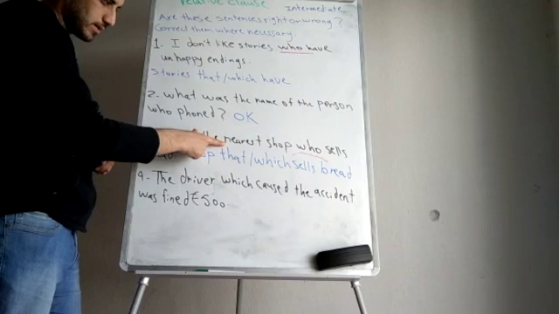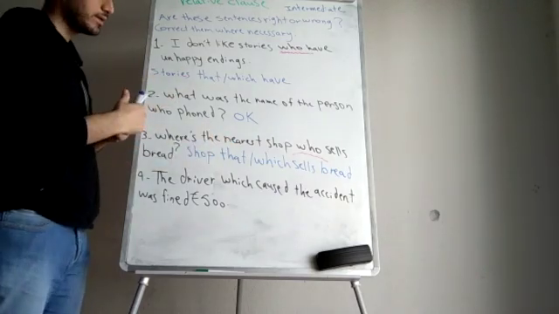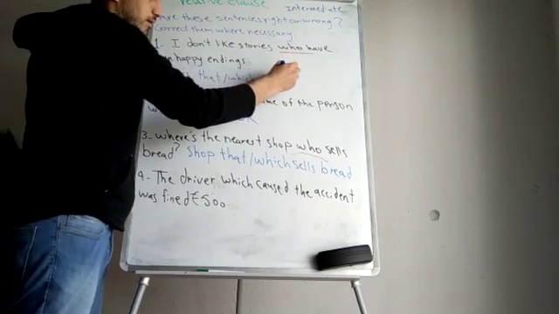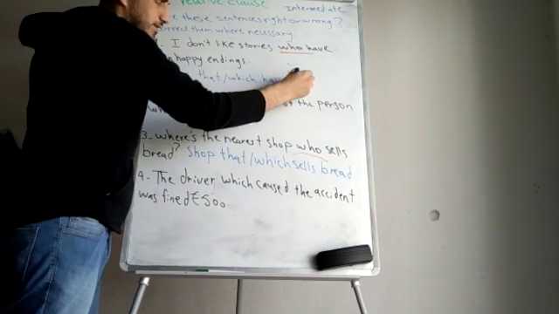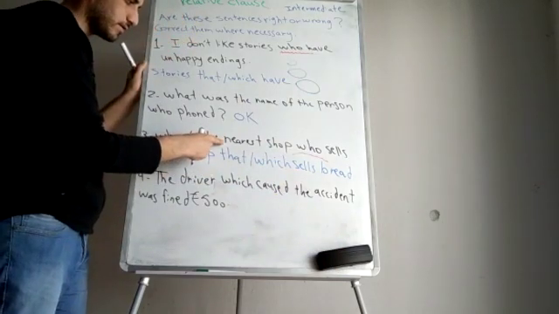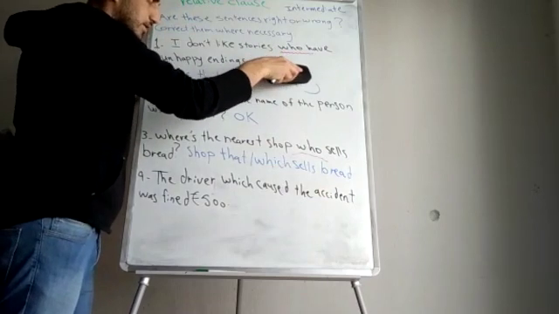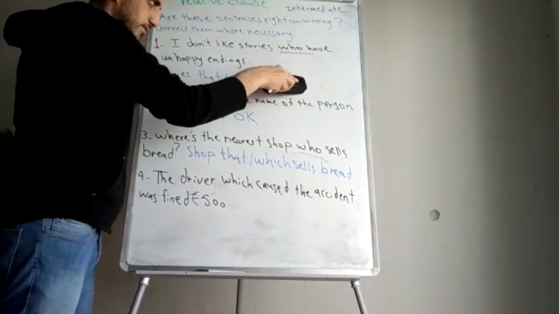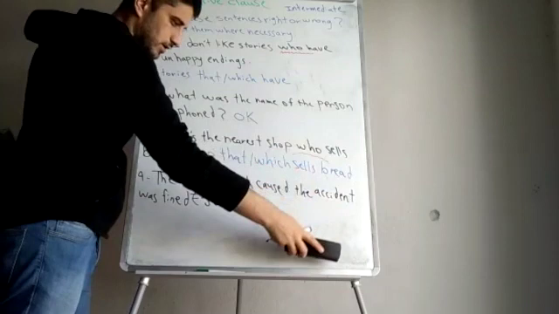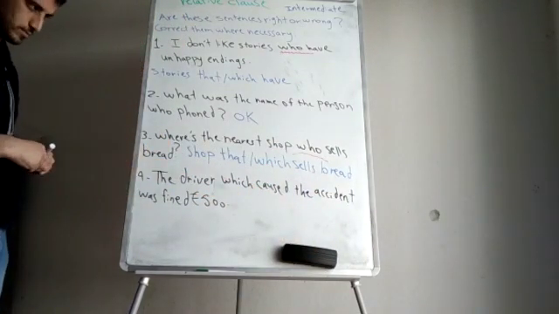So, nearest is a superlative. For example, big, bigger, and biggest. Near, nearer, the nearest. It's the same. We'll talk about these things later. And now we just have to do the homework.